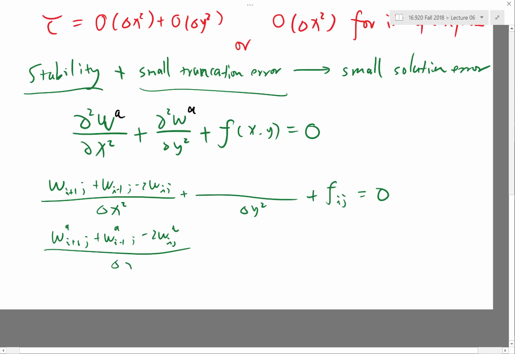So all of these are analytical, and this is also analytical, plus f_{ij}. Now this is equal to what? Is it equal to 0 still? It's not going to be equal to 0. It's equal to actually what?